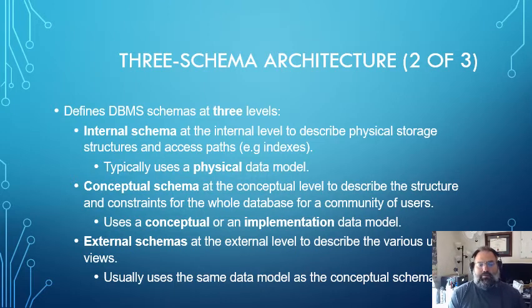Whenever we talk about the three schema architecture, it defines the DBMS schema at three levels. Internal schema, at the internal level, describes the physical storage structures and access paths, for example, indexes. It typically uses a physical data model. Conceptual schema, at the conceptual level, describes the structure and constraints of the whole database for a community of users, and uses a conceptual or an implementation data model.